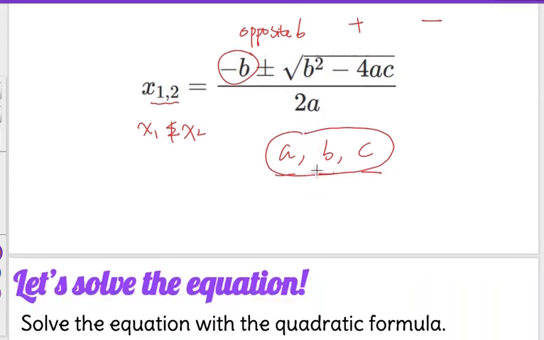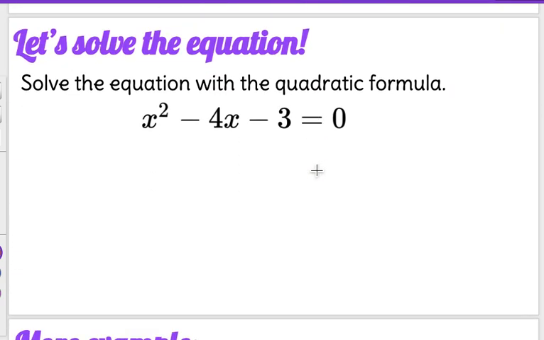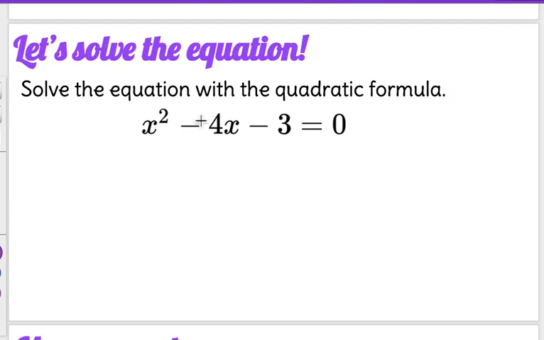Okay, let's see the first example. In this example, we are going to solve the equation x squared minus 4x minus 3. If you remember, the standard form is written as ax squared plus bx plus c, right? So as you can see, a is 1 and b is negative 4. There's an invisible number here, it's not 0, it's actually 1, and c is negative 3.